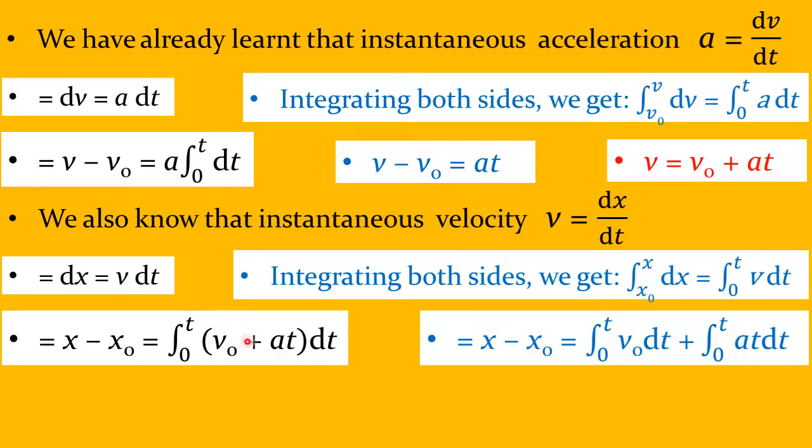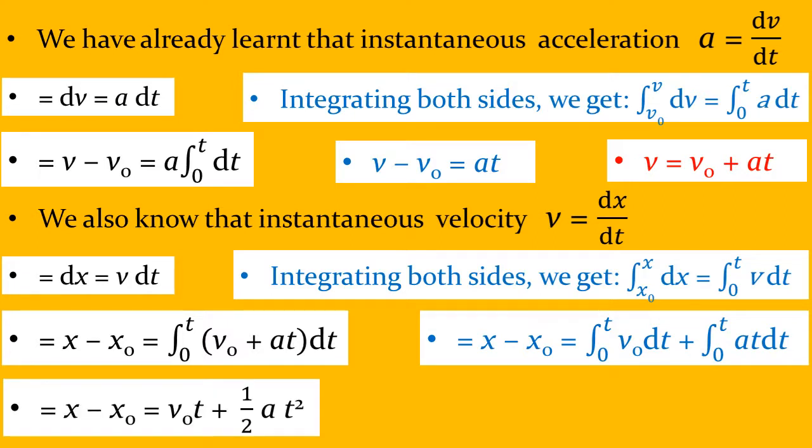Now I can split this integral into two parts. Integral v0 dt between limits 0 and t plus integral at dt between limits 0 and t. So I have got on the left hand side x minus x0. Now v0 is constant and integral dt is t.